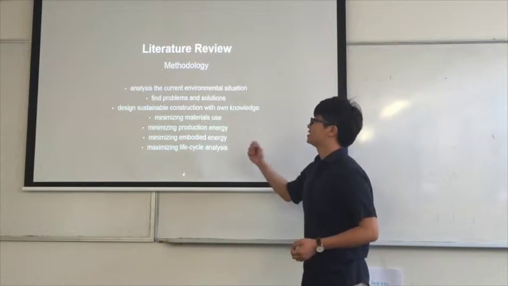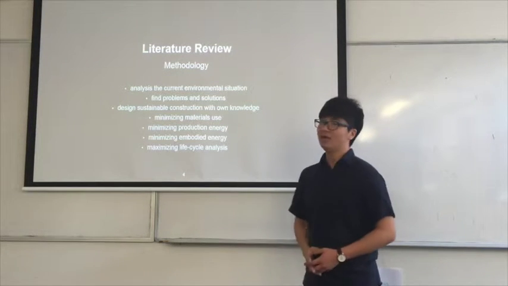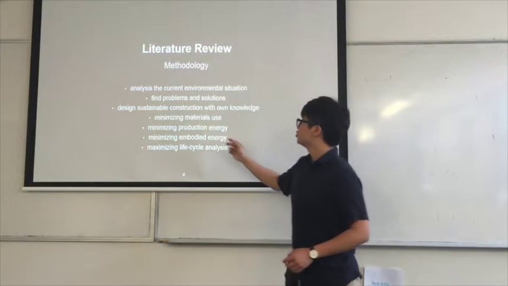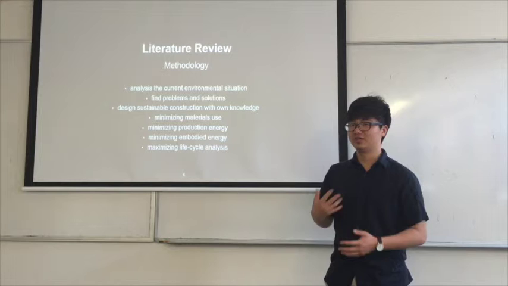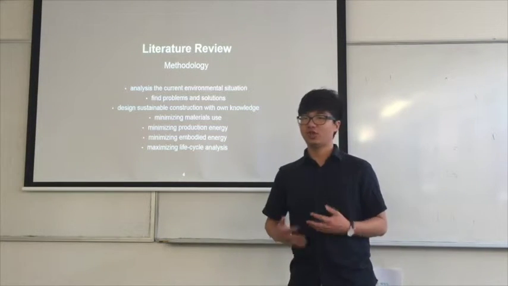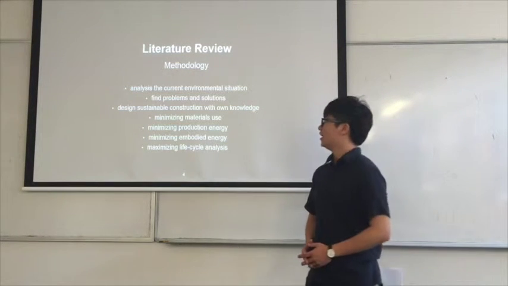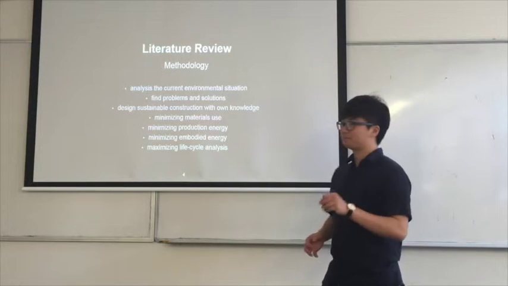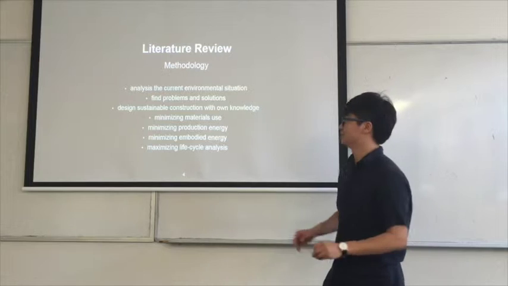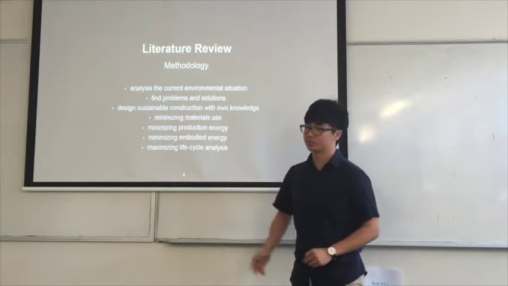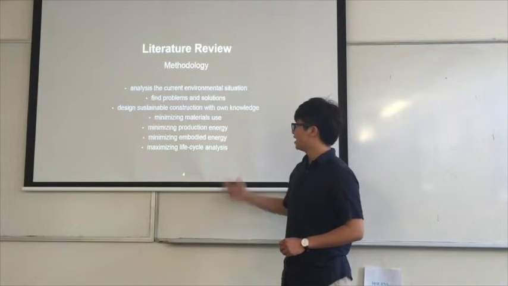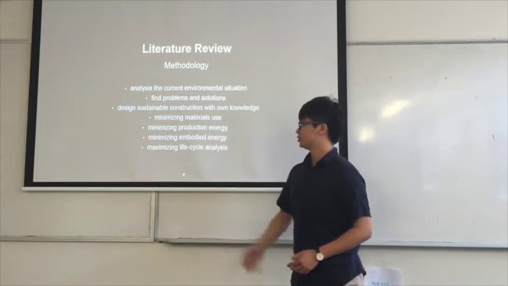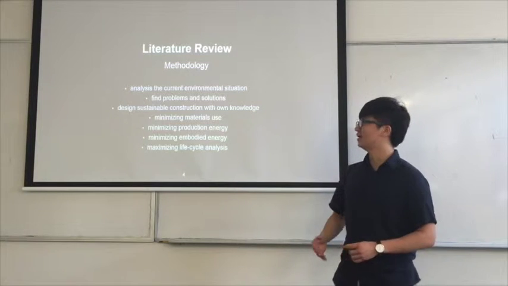They analyze the current environmental situation and find problems and solutions. They design sustainable construction with their own environmentally friendly and sustainable knowledge, and then make decisions for the building: minimizing material use, minimizing production energy and embodied energy, and maximizing the life cycle analysis.